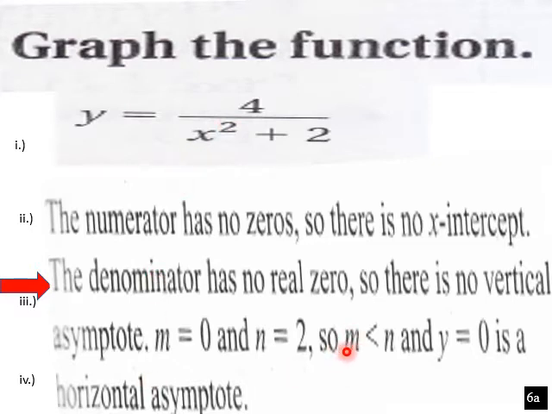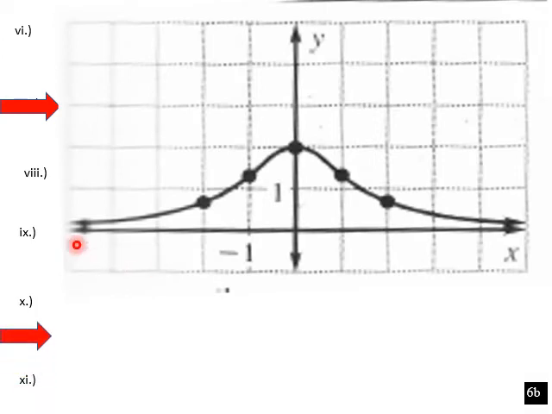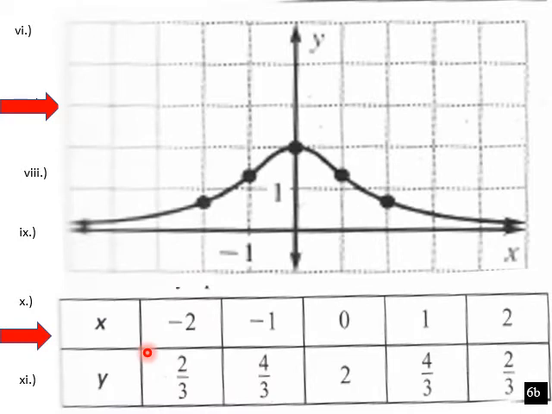So m is less than n, and y equals 0, which is the x-axis, is a horizontal asymptote. We have a situation like we did in the previous example, a graph like this. Then here's the table for that. You could put that into your calculator and get this table, or do it manually.